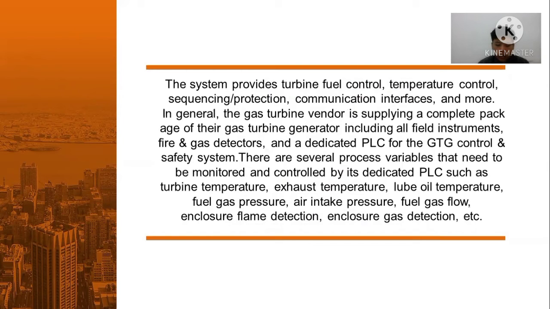In general, the gas turbine vendor is supplying a complete package of their gas turbine generator, including all instruments, fire and gas detectors, and a dedicated PLC for the GTG control and safety system.